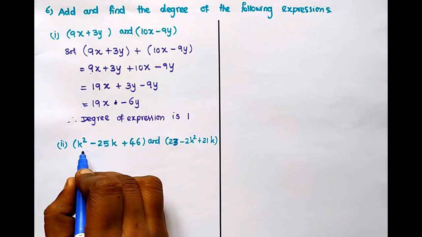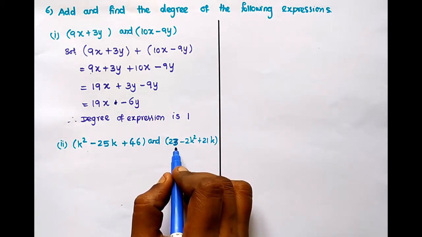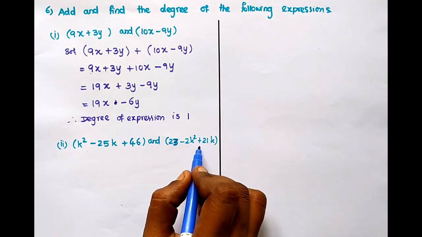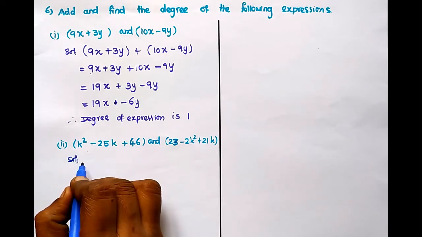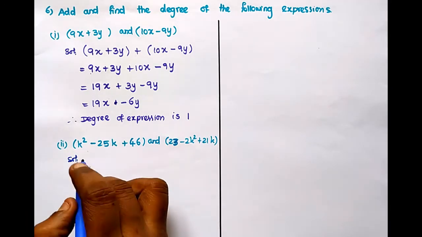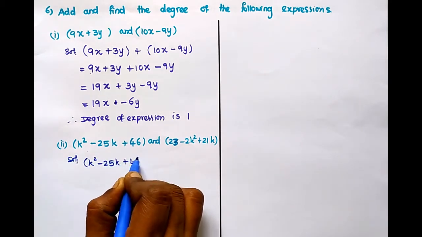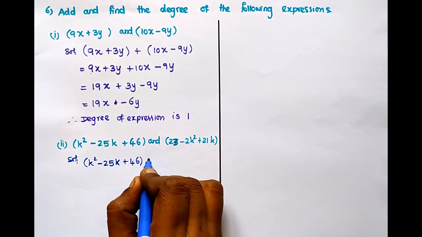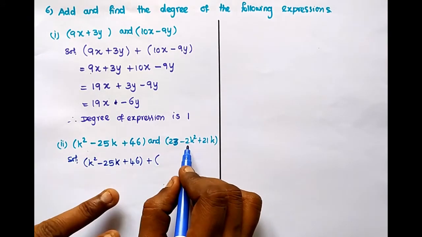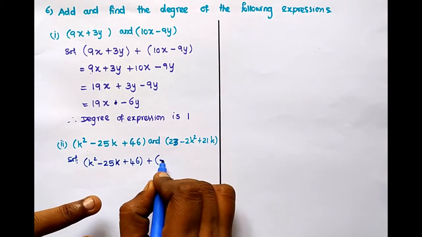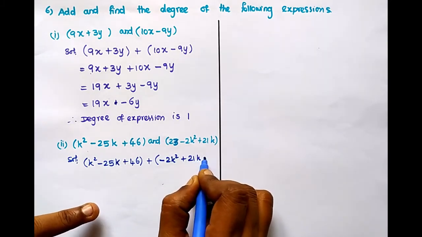Second one: k square minus 25k plus 46, and 23 minus 2k square plus 21k. Listen, we have to add these two expressions: k squared minus 25k plus 46 plus, listen, order this expression, meaning k square is the first term, so minus 2k squared and 21k plus 23.